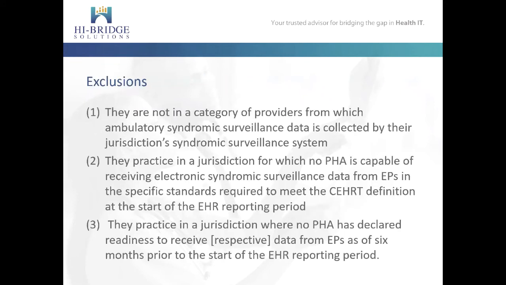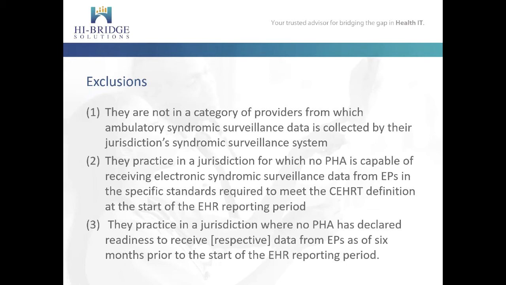Now, these are the exclusions. These exclusions apply to all 5 measures of Objective 8. If the EP is not in a category of providers from which the data is collected in their jurisdiction. This one says syndromic surveillance, but these exclusions apply to everybody.